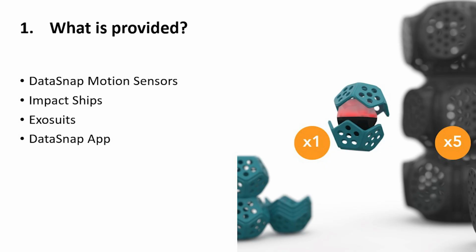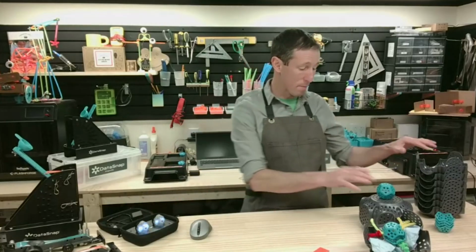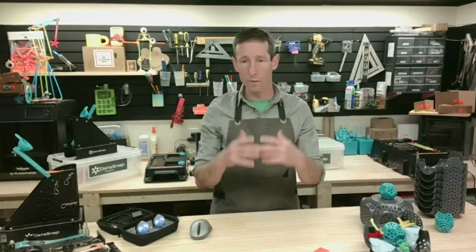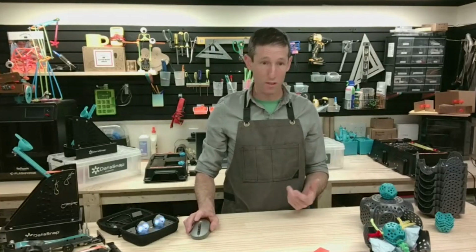First off, you are provided with, of course, DataSnap motion sensors, impact ships, exosuits, and always free access to the DataSnap app. Now, to best use these things, you're going to need some additional items.